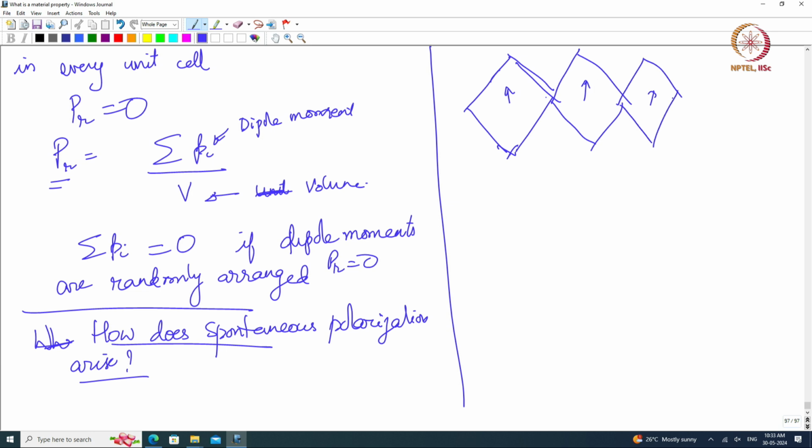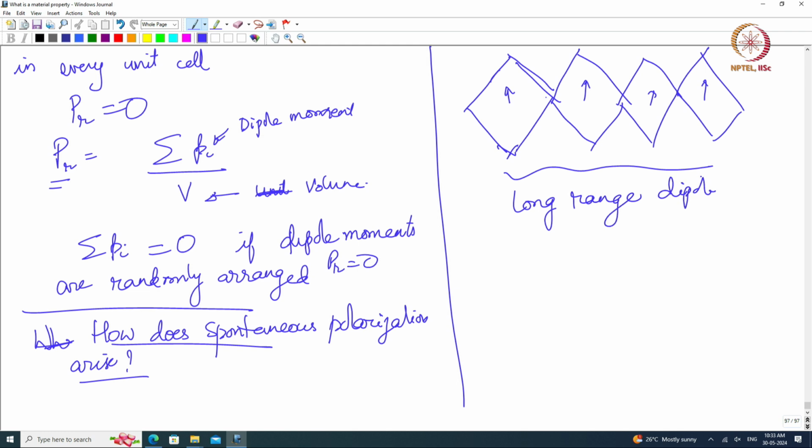This talks to the next octahedron and says, you have to move up, and so on and so forth. So, there is some sort of long range dipole-dipole interaction.